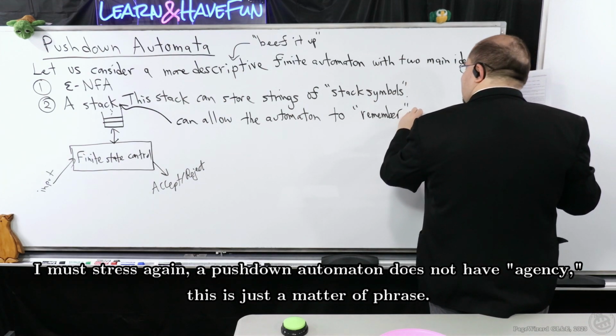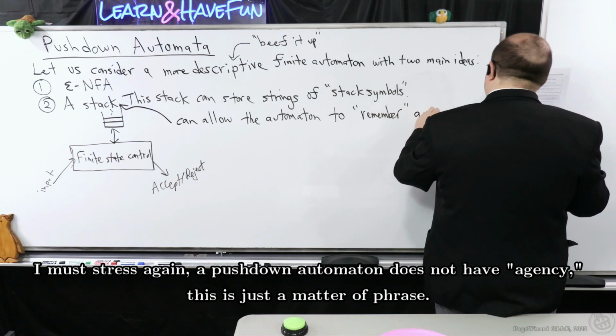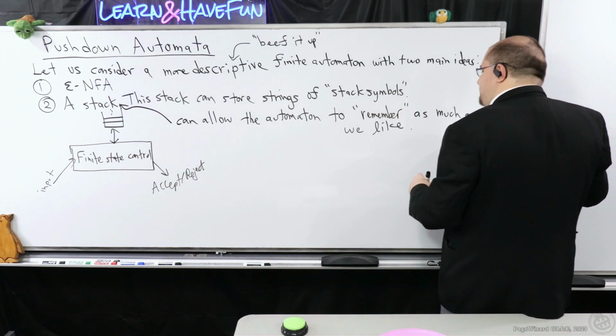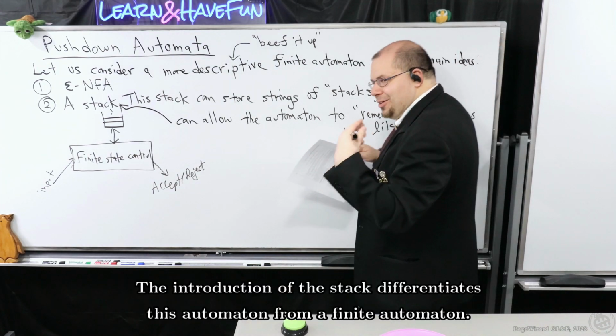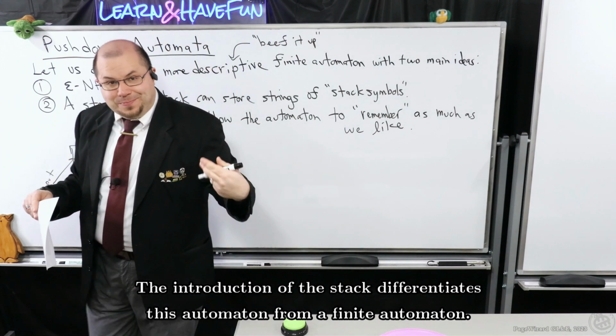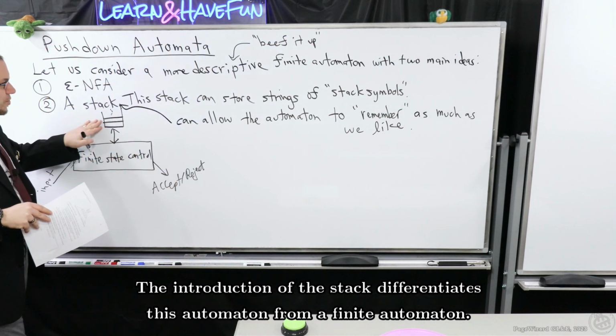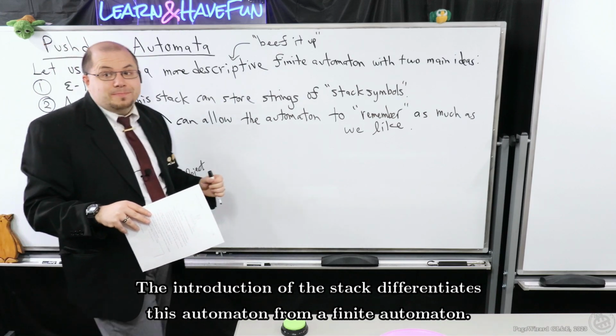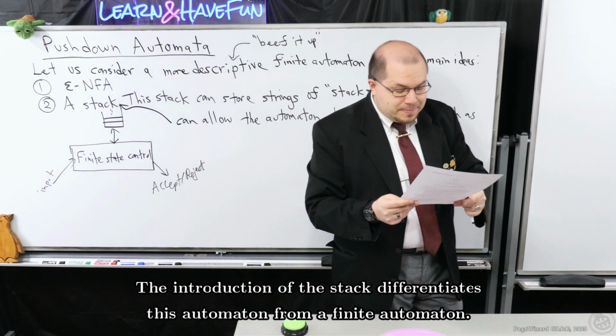But we can allow the automaton to remember as much as we like. So if we need more memory, as in to store this stack, we have it. Just please keep that in mind.